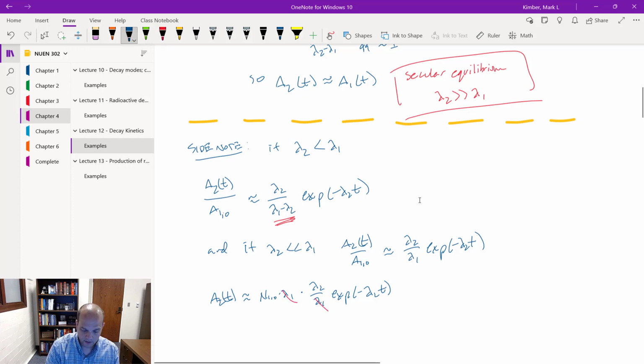These cancel out, and we can see that this is approximately equal to N1 naught times lambda 2 times the exponential of negative lambda 2t.